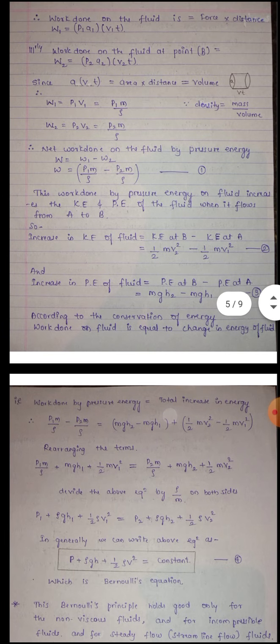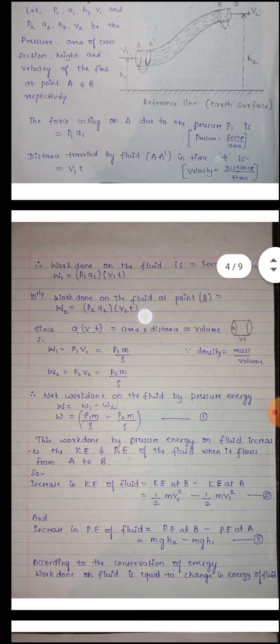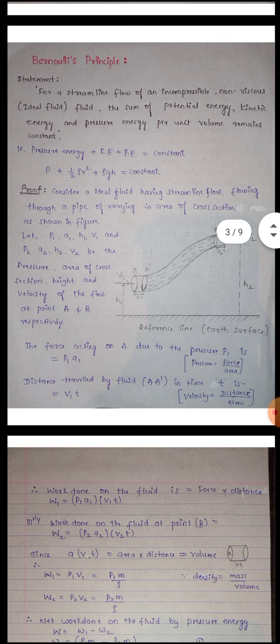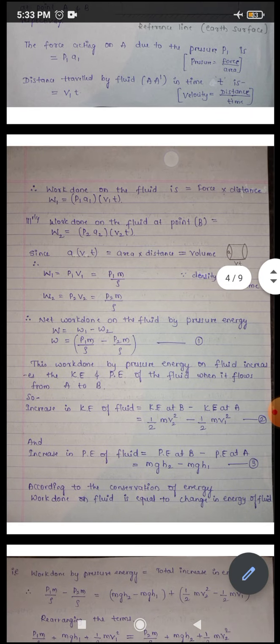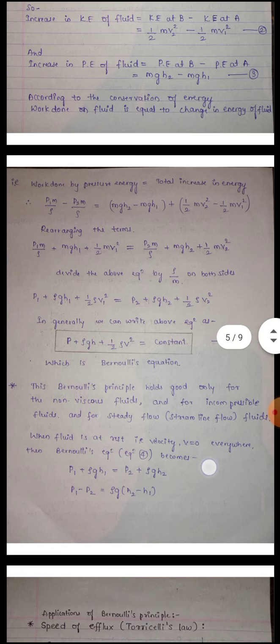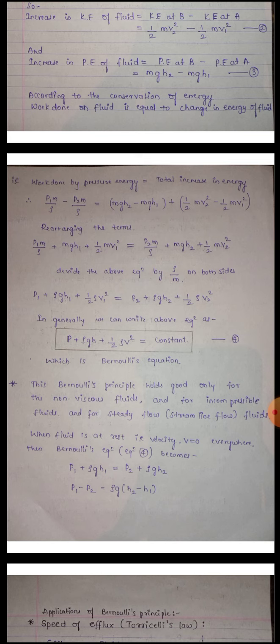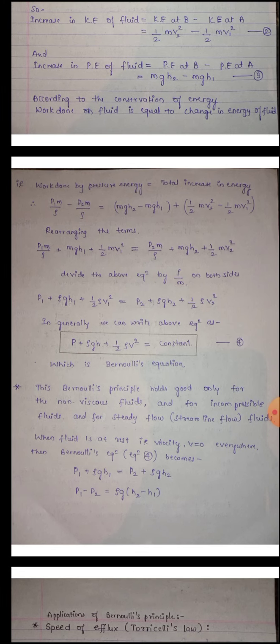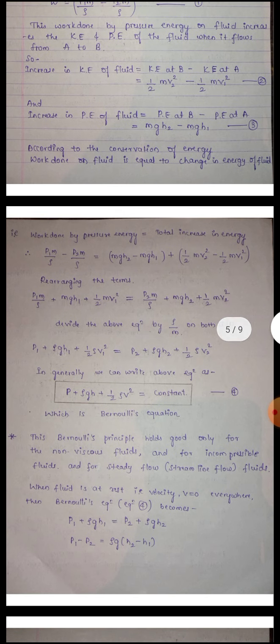And what we have derived is the statement that P plus half rho v square plus rho gh is equal to constant, and this equation is also the same. So we have derived Bernoulli's principle, and this principle holds good only for non-viscous fluids, because we have used the energy conservation principle here.